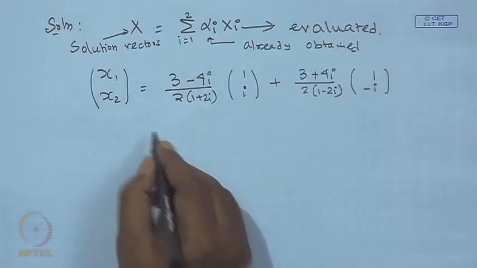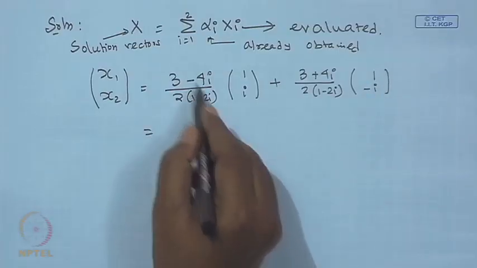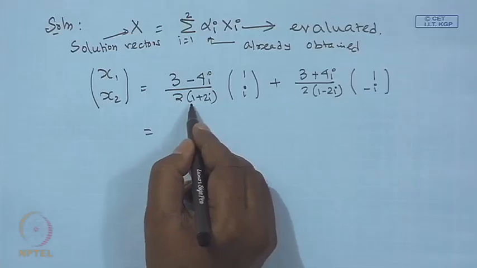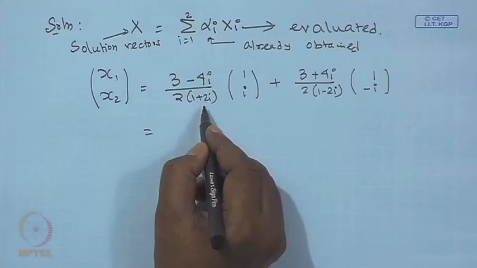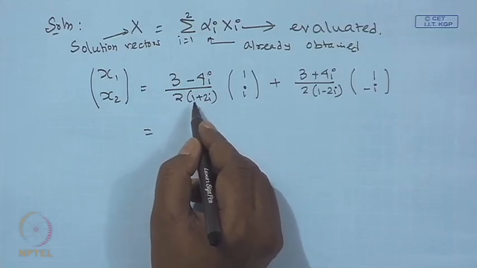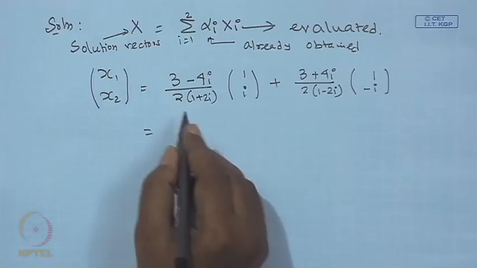So, just simplify the whole thing. You multiply both numerator and denominator by the complex conjugate of 1 plus 2 I. So, multiply by 1 minus 2 I on top and the bottom.